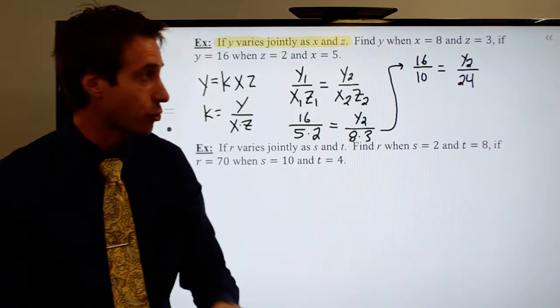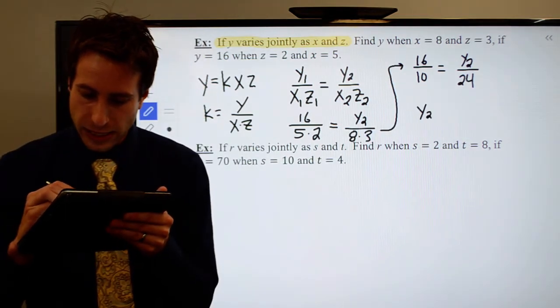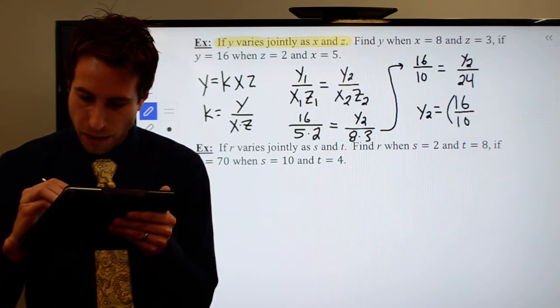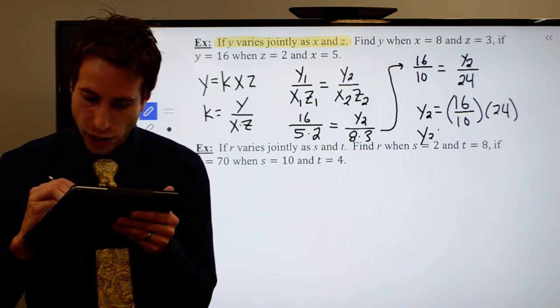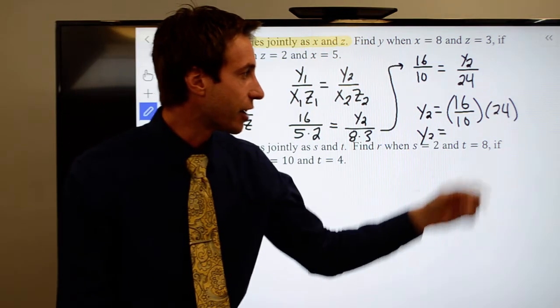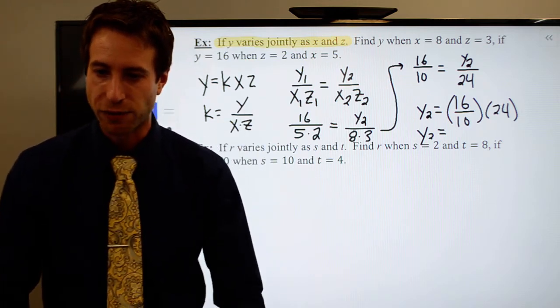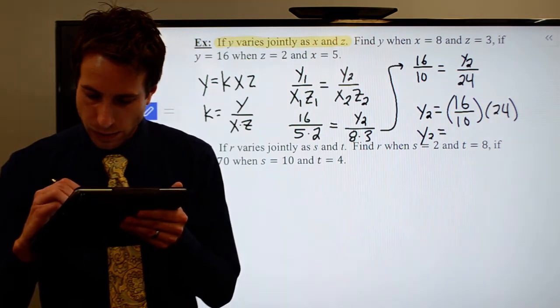This is a pretty easy algebra problem. You just multiply the 24 to the other side. So y2 is equal to 16 over 10 multiplied by 24. Guys, it's plug and chug. Throw that into your calculator. Don't fat finger something. 16 divided by 10, multiply by 24. I get 192 over 5.